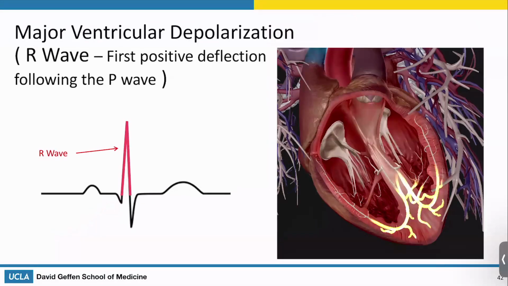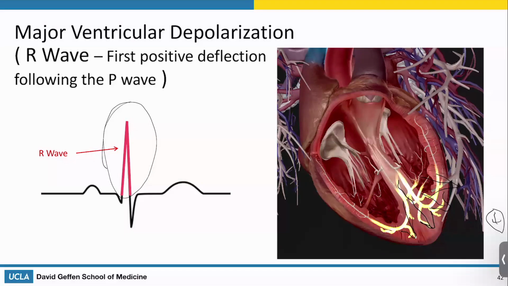Then we're going to get major ventricular depolarization. We come down, we're going down this way, right? And we add all of these together, big, fast, and it's moving towards a positive lead, a big positive deflection, a big R wave. The R wave is defined as the first positive deflection following the P wave.